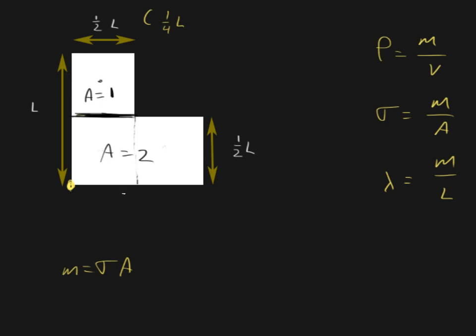I mean, that's basically what's happening. All right, so if that's the case, then for that bottom piece, the mass is equal to sigma times 2a. And then, of course, somewhere along the way, the a's are going to cancel and the sigmas are going to cancel, leaving you with just what we need to solve it.